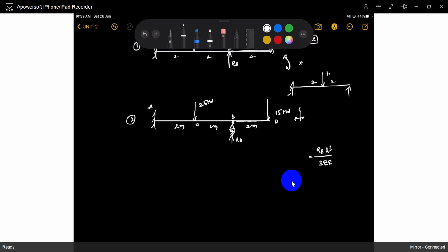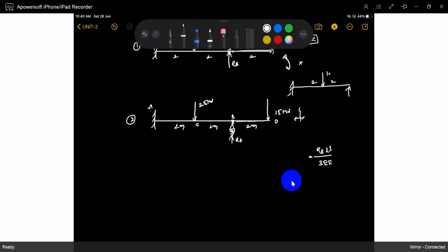These are all propped cantilevers: we have four external reactions but only three equilibrium equations, so we need one extra equation. We solve that by the deflection or by the slope, anything.